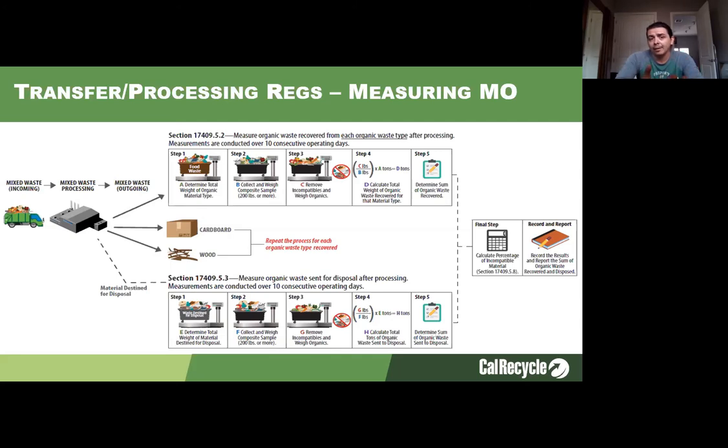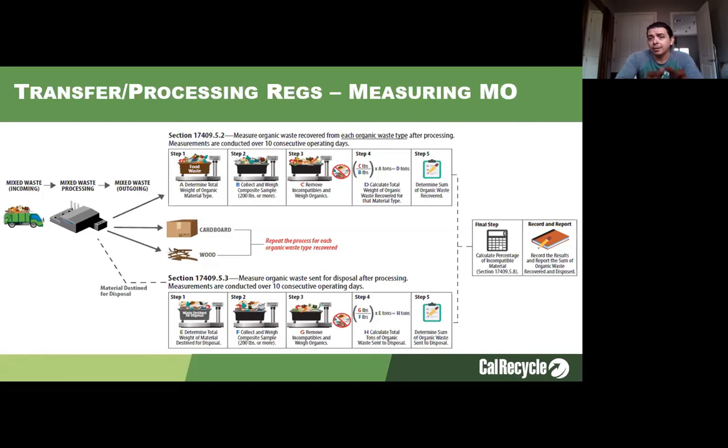And then you also have section 17409.5.3, which is for measuring organic waste and material sent for disposal. So these are the two requirements for measuring mixed waste. And in the next slide, I'll be going over those individually by section.